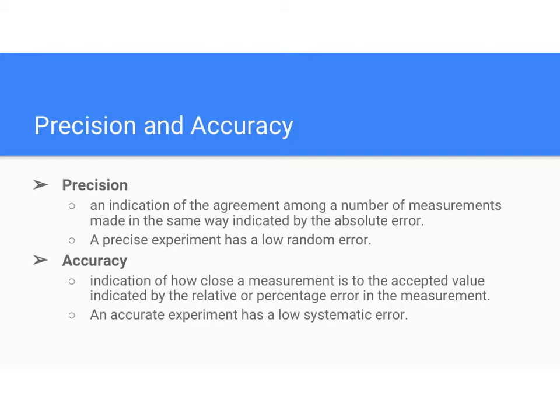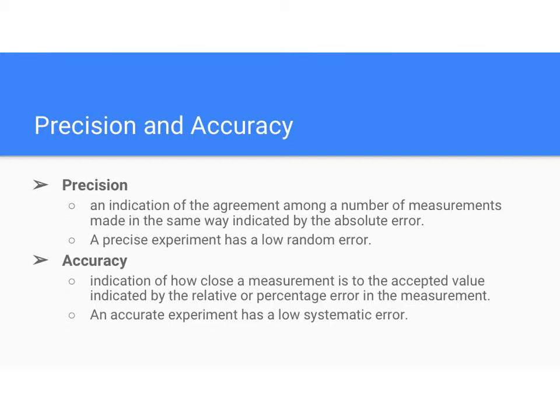And so when you look at something like that, when you have data that should always be the same or near the same, and the data points are all over the place, you need to realize that there must be some type of random error impacting your data because of the lack of precision, and that's when you go back and review your method and see what happened. But when you have a very precise set of data, that tells you you have a low random error, which is a good thing.